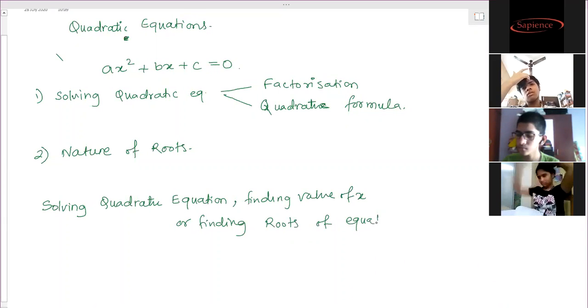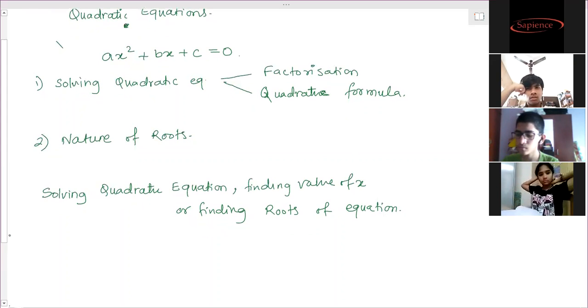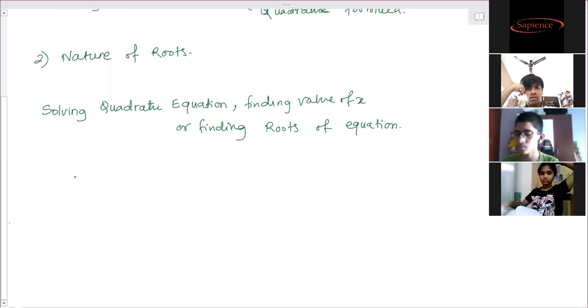Roots means value of x, which we call zeros as well. Now this is done by the factorization method, that is simple factorization or middle term splitting.